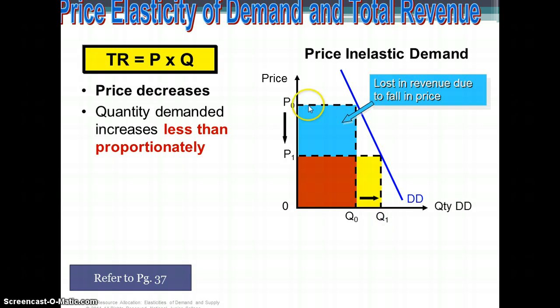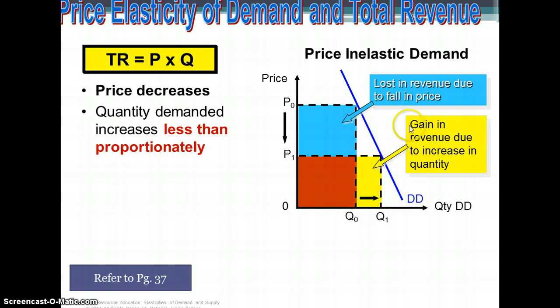In this case, there is a loss in revenue due to the fall in the price. The yellow box here represents the gain in the revenue due to the increase in the quantity. So what will happen to the total revenue? The total revenue will decrease.